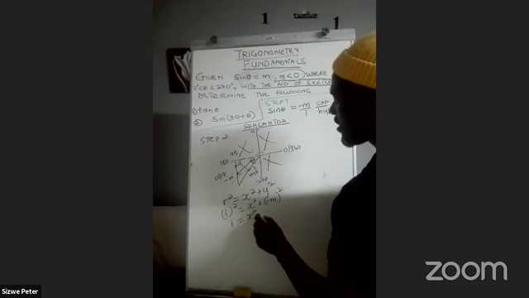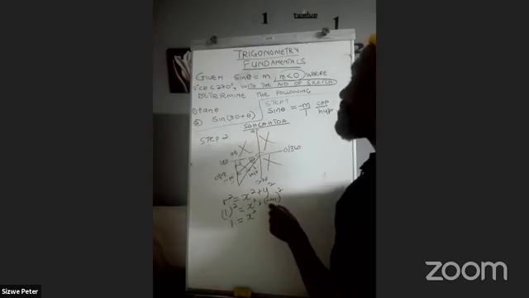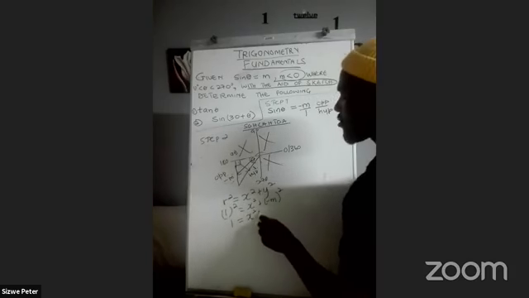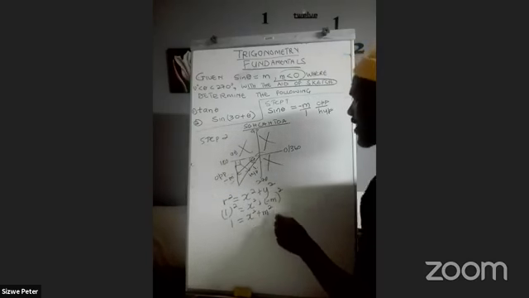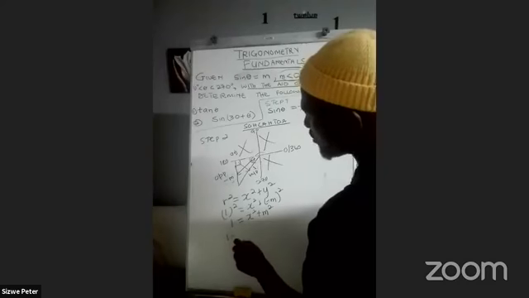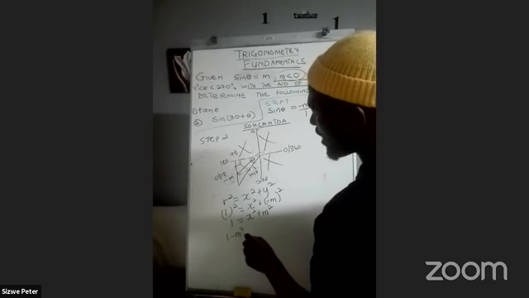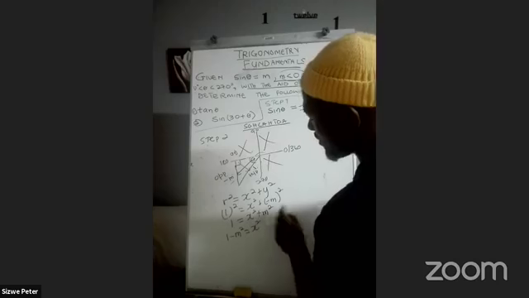M squared. What is negative m times negative m? It's positive m squared. You agree? Yeah. 1, take m squared to the other side, it becomes minus m squared. This is x squared. Are we fine?